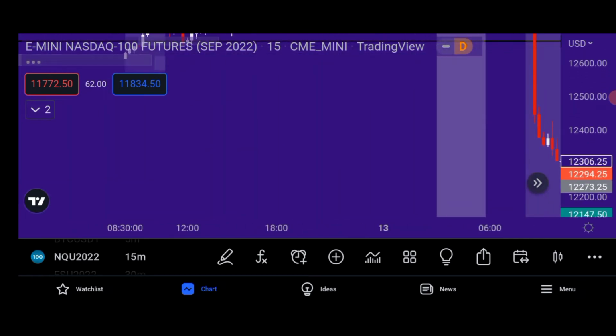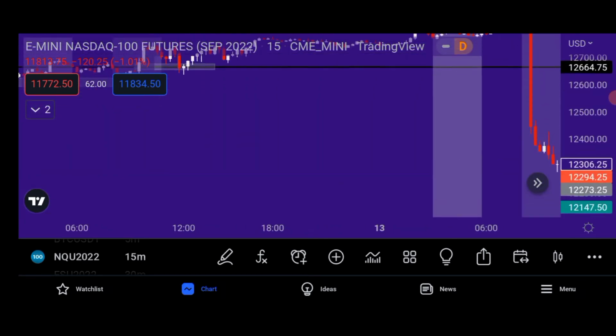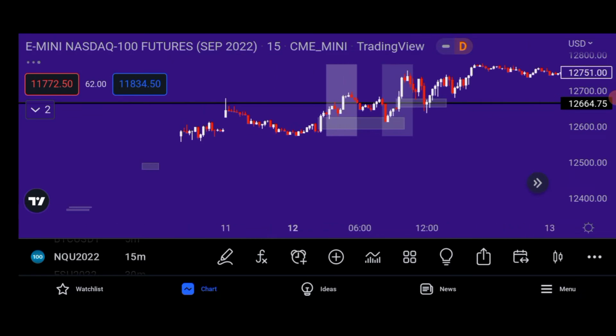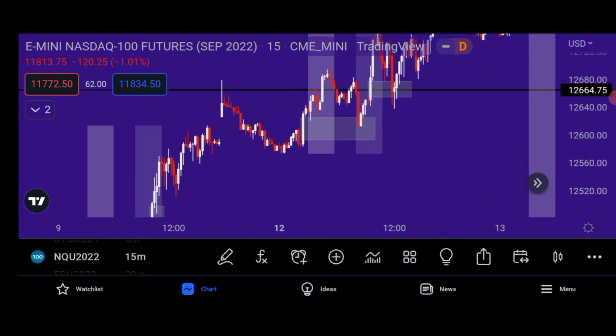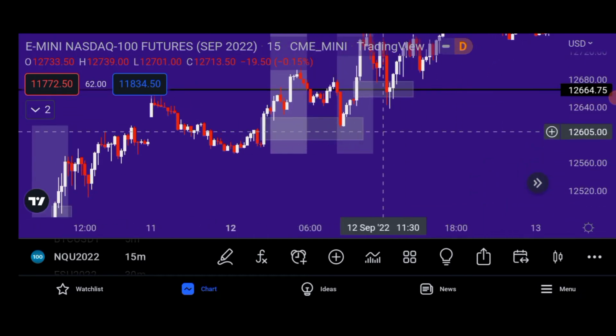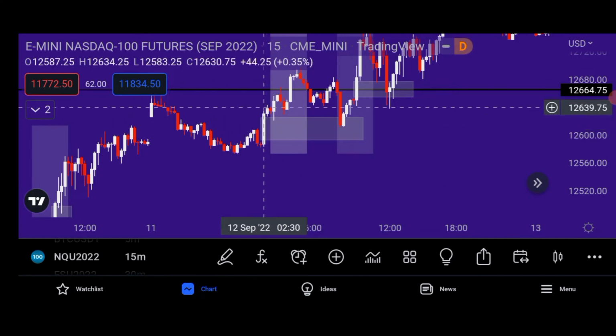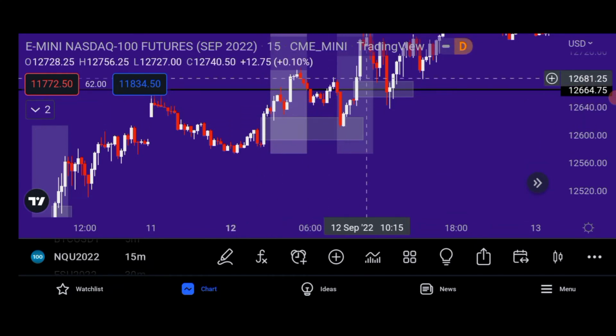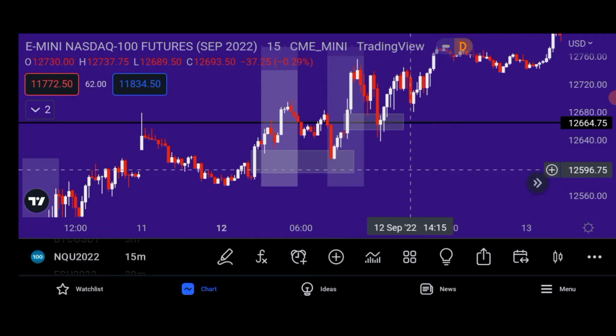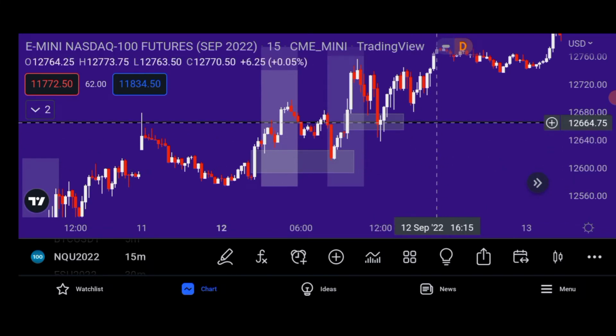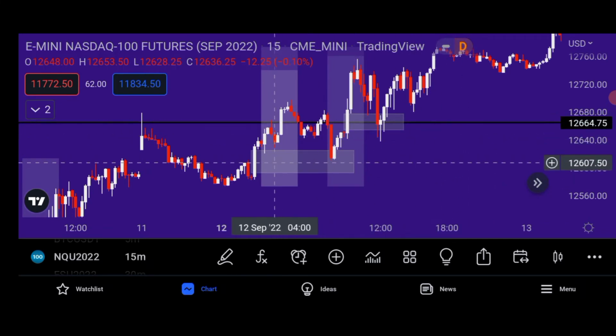On the 15 minute time frame, you can see this was Monday, and as expected, I expected the market price to draw to cross this higher time frame high, which it did.